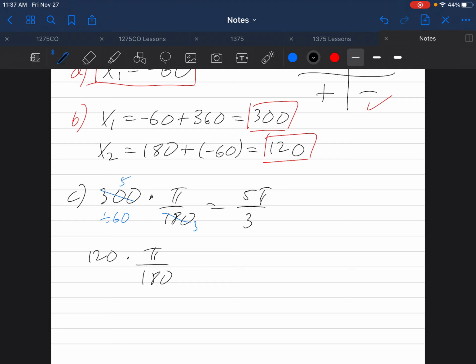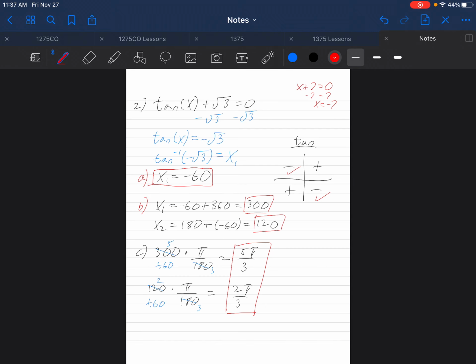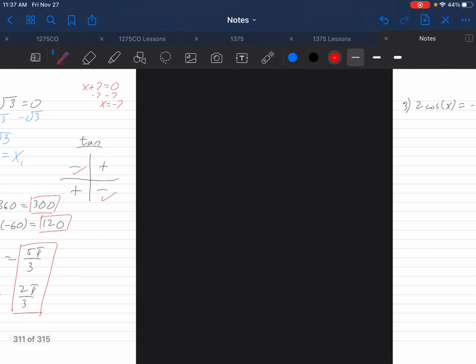So that means 5 pi over 3 radians here. We can divide by 60 over here, 2 up top, 3 on bottom, and 2 pi over 3 is our radian equivalent of 300 and 120.